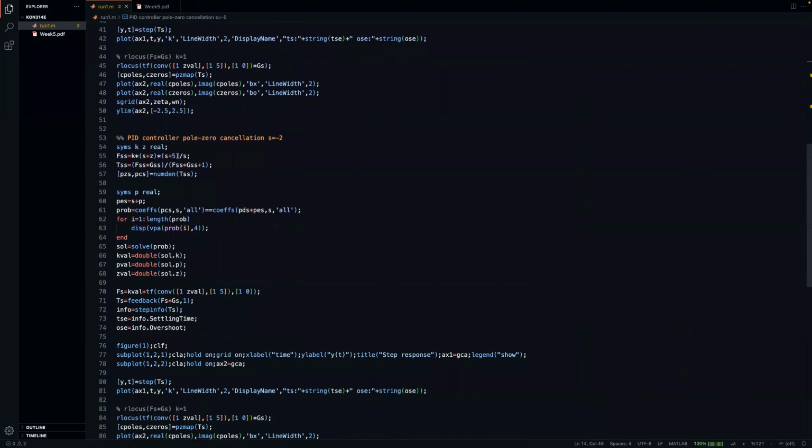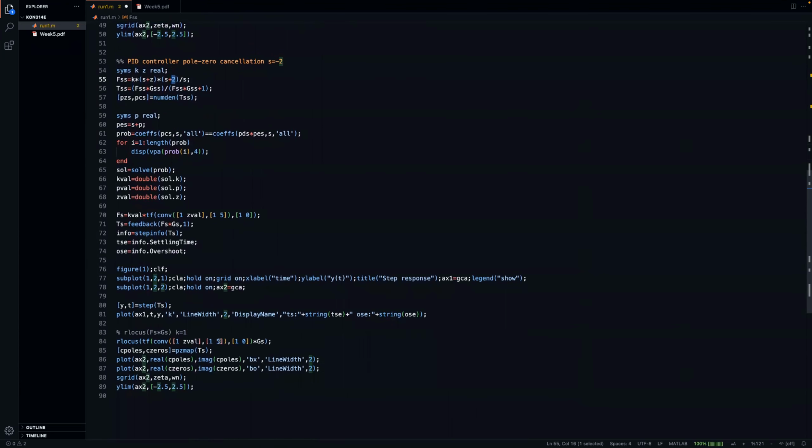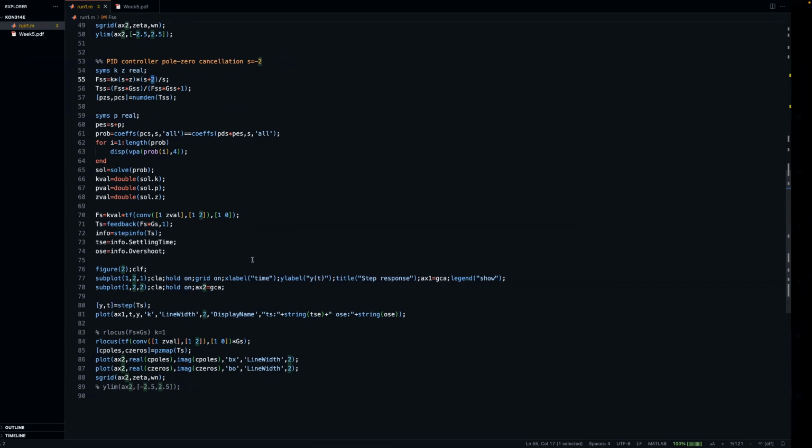But we want to look for the cancellation at -2. So I'm just going to do this, and of course this, and maybe update the figure number, and maybe get rid of this. Yeah, I didn't change anything because, again, I'm just canceling one pole, which is -2, and I'm just updating that numerically, and we should be good to go.